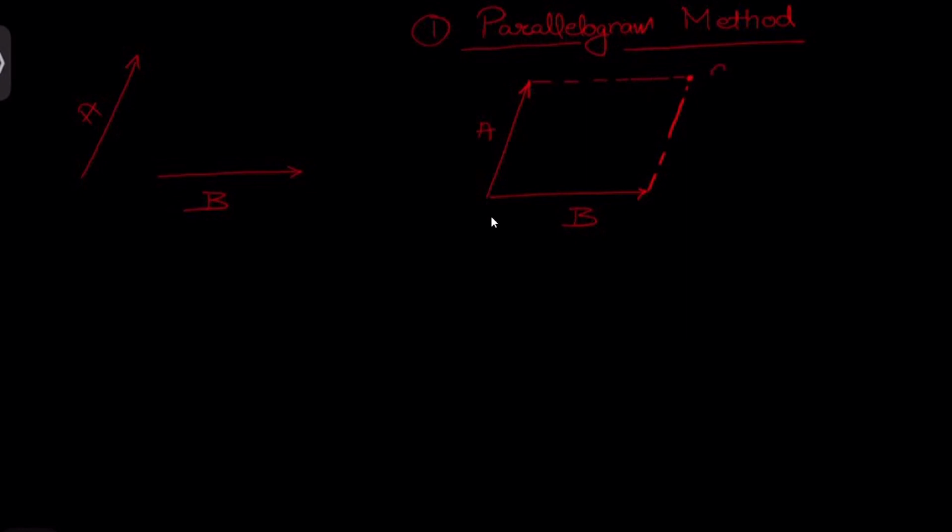Let me call this point C, and let us say this is the point O. The resultant will be this quantity. Let me write this line as R.